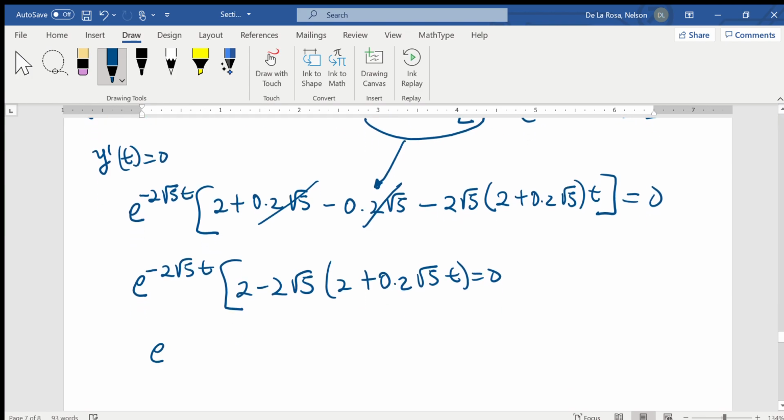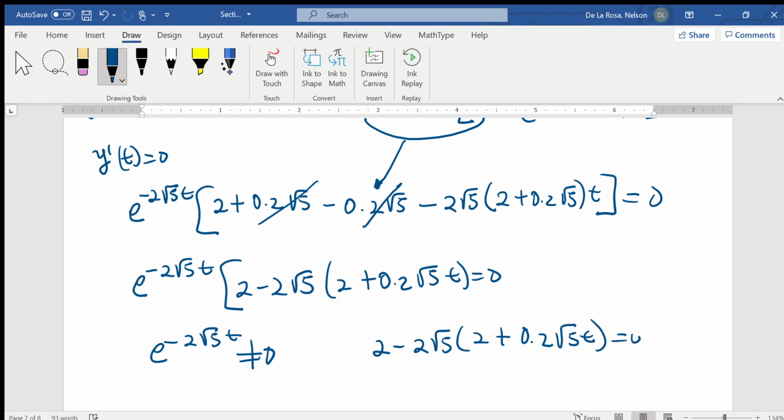Remember, the exponential is never equal to 0. So the other thing is going to be what is equal to 0. So we have 2 minus 2 square root of 5 times 2 plus 0.2 square root of 5 times t, and that is what must be equal to 0.